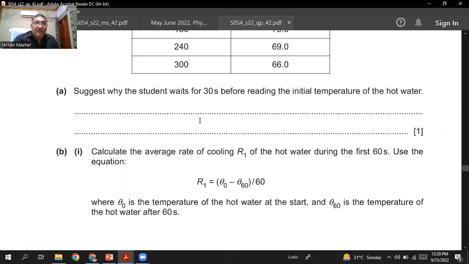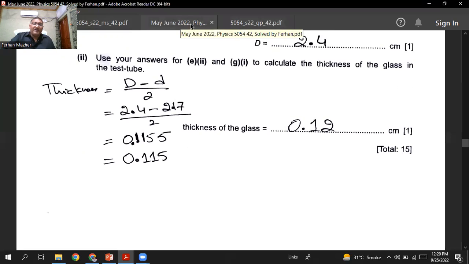Plus, you also give the thermometer some time so that it can respond to that temperature, because the liquid in the thermometer will absorb the heat and expand, and it will go to its highest value possible at that temperature. So you have to give time to the thermometer so that it can respond to that temperature and show that reading.